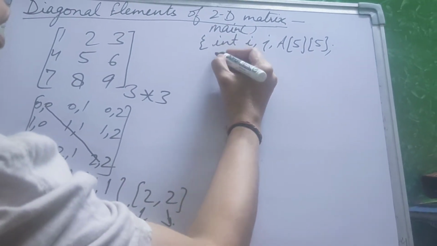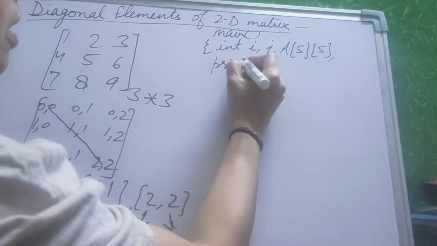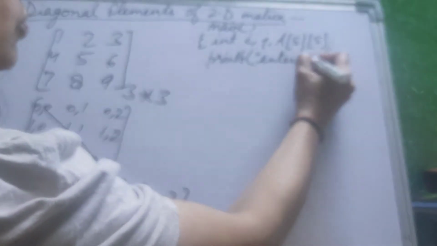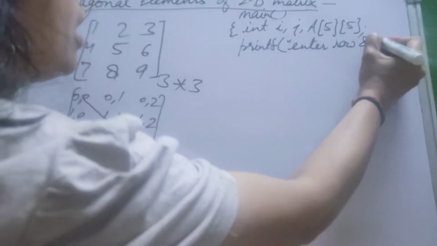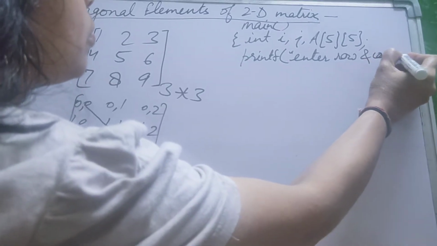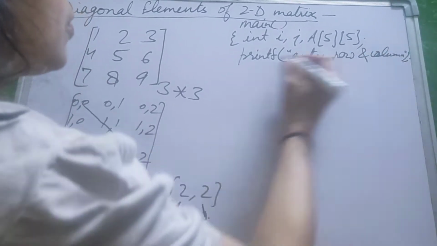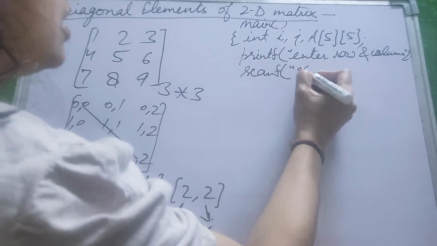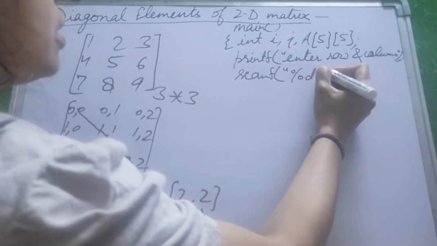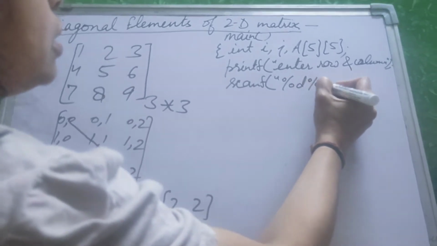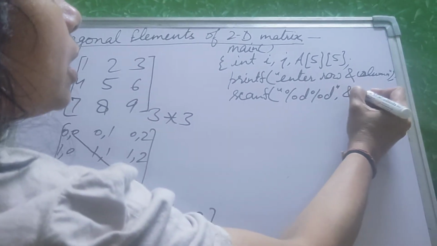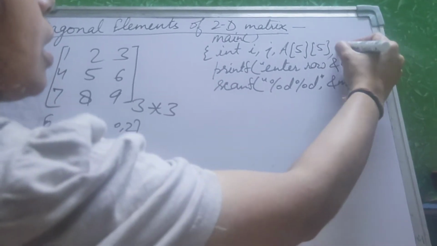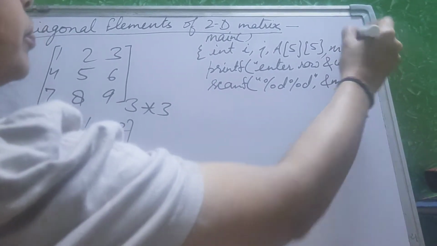Now printf "enter row and column", scanf "%d %d", &m, &n.